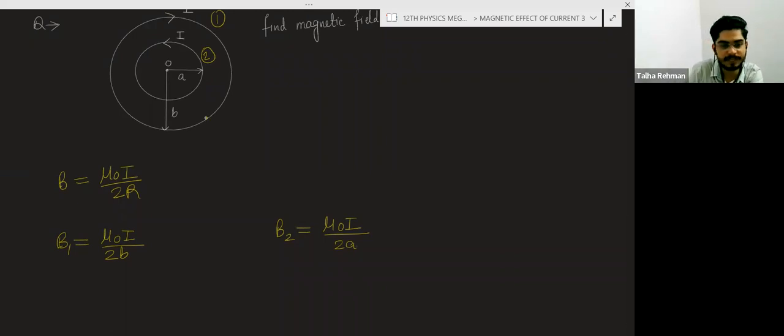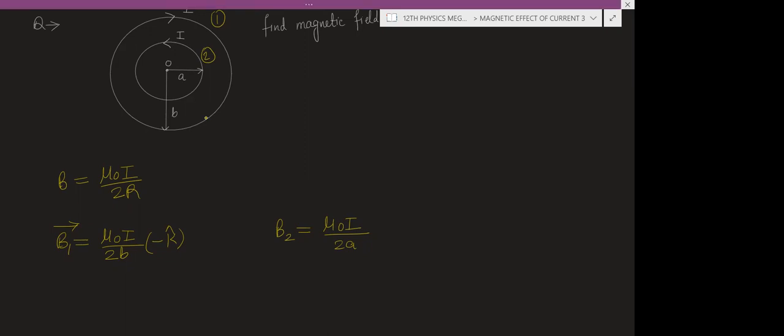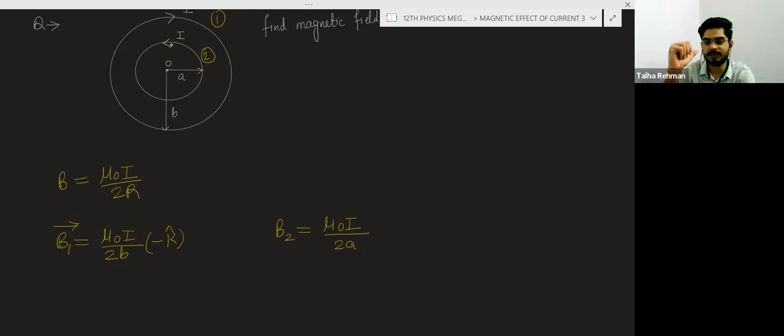When you convert this into vector form, you will multiply it by negative k cap. And for the wire 2, tell me the direction. Wire 2 outwards, right? Yeah. Because the thumb will point outwards, means positive z axis. So when you convert this into vector, you will multiply it with k cap.